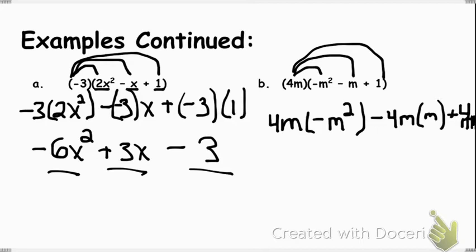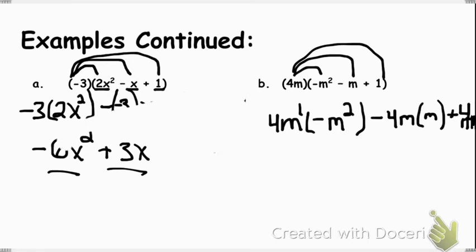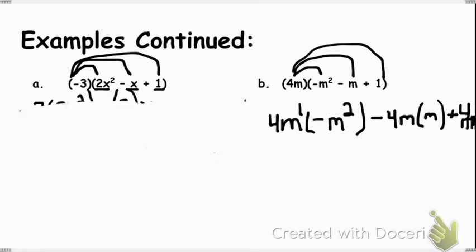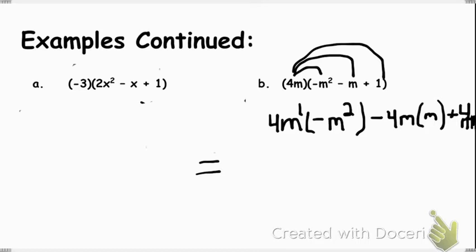Okay, so my 4m times my negative m squared. Remember when we're multiplying variables with exponents, we add the exponents. So this m has an imaginary 1 as its exponent, so we've got 1 plus 2, so it's going to be m to the power of 3.